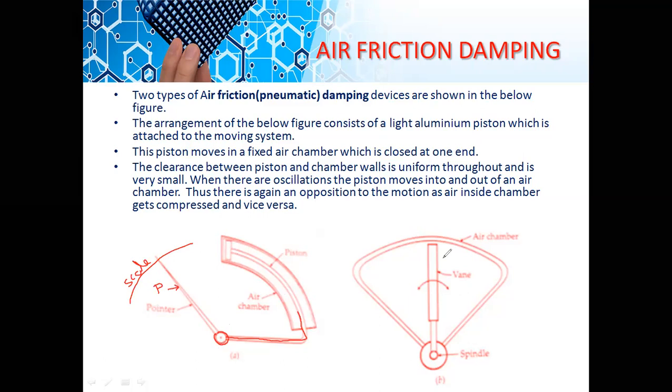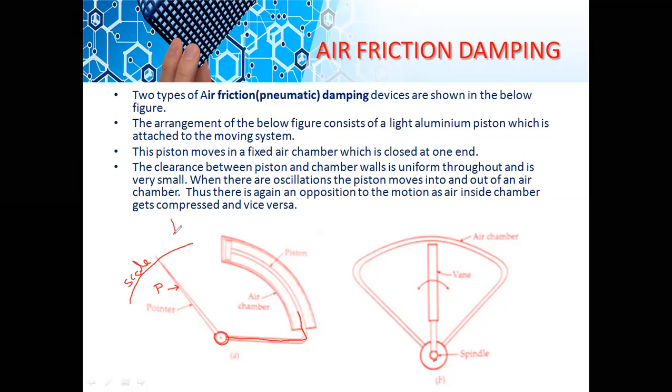If you go for another type of air friction damping, here this is the spindle, and the spindle is attached to a vane, and this vane is inside the air chamber. So when the spindle is moving, not only does the pointer move, we have another vane which is moving inside the air chamber.